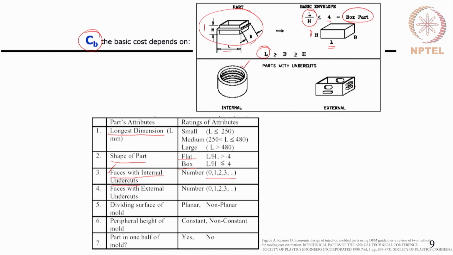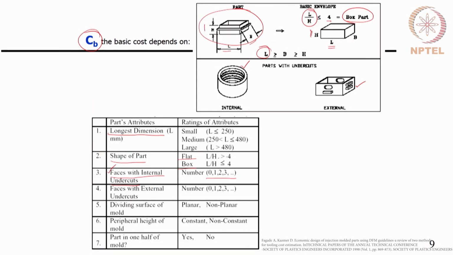The other attribute is external undercuts. Undercuts are geometries which need special machining on the mold cavity surface, so that these can be obtained. Undercuts may also require side action.